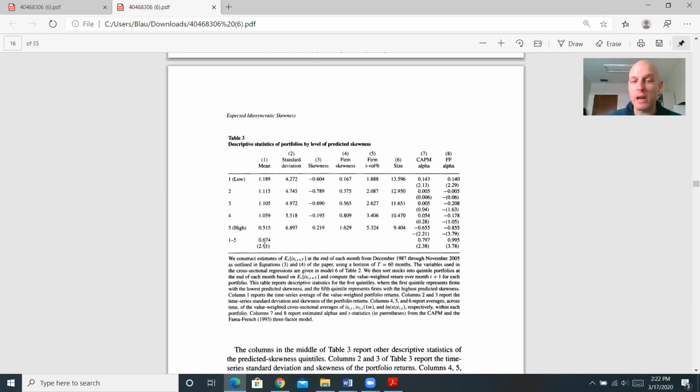If you put together a trading strategy simply to buy stocks with low skewness, negative skewness, and sell stocks with positive skewness, what is that? 0.674 times 12. Look, I'm getting an 8% return premium just by taking advantage of the loss-averse individuals and buying stocks with negative skewness, and taking advantage of the people that always want to hit home runs and selling stocks with positive skewness. I could outperform the market or get a return premium of 8%.